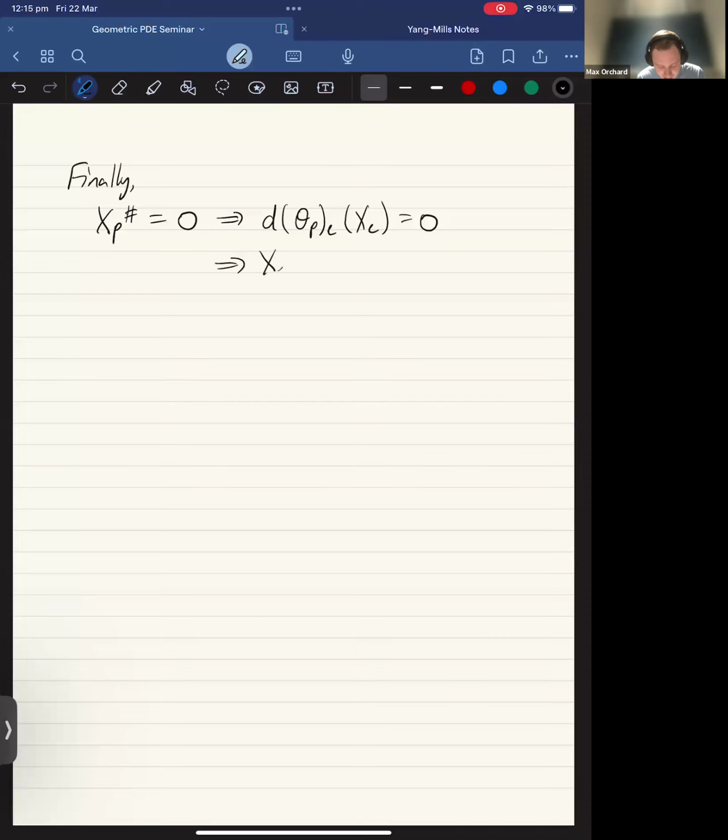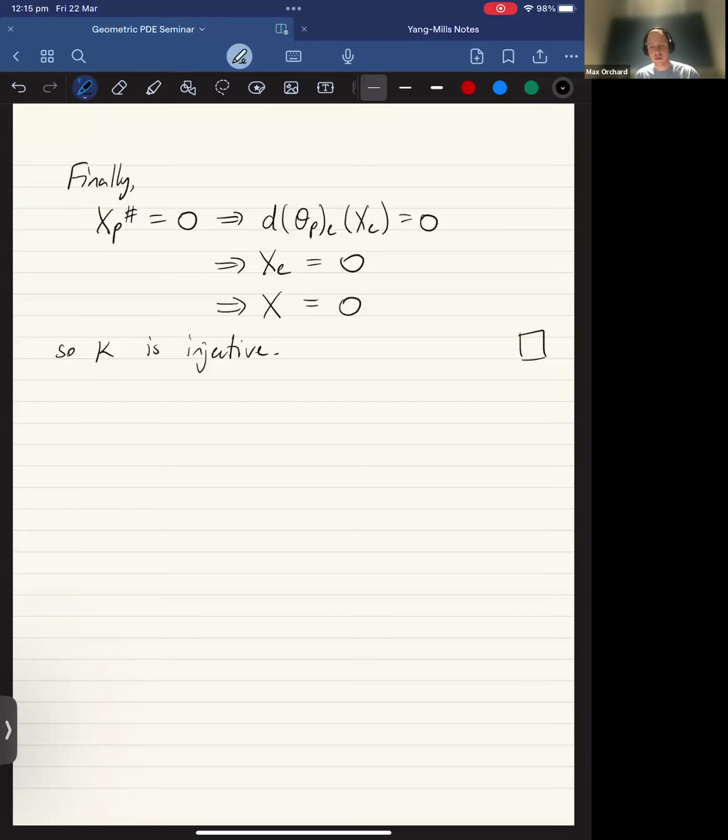So this implies that X_e itself has to be 0 because the differential then has to be a linear isomorphism itself. And then finally, we conclude that X itself has to be 0 everywhere because it's left invariant. It's only determined by the value at the identity. So kappa is injective. And we are done.